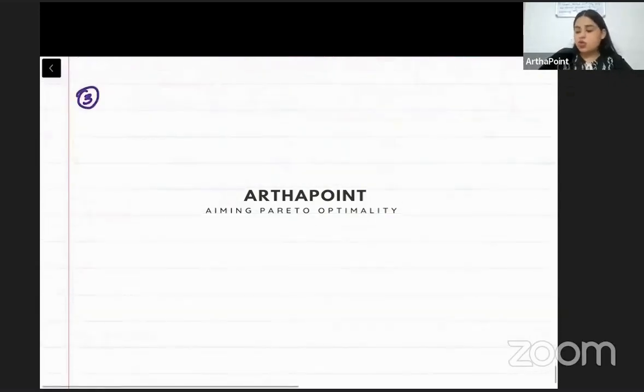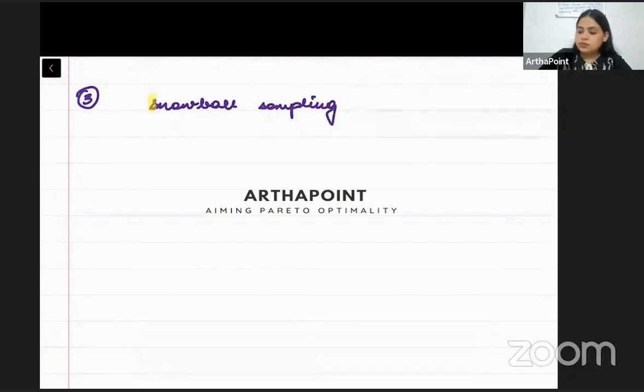So this is snowball sampling. Now, snowball sampling is basically when your subjects are difficult to trace. Okay, take an example. Suppose, let's take the previous example only first.